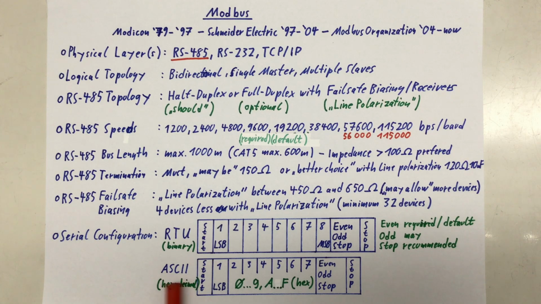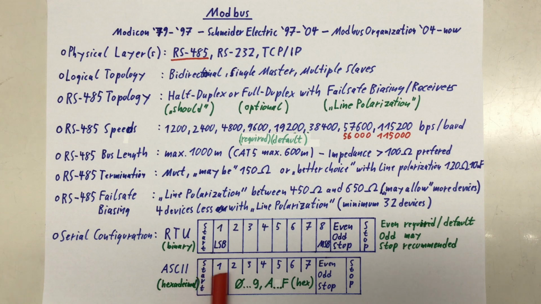In ASCII mode, we of course also start with a start bit and then we have 7 data bits. Again, first bit, least significant bit, last bit, most significant bit. And again, we have here the choice between even parity, odd parity, or a stop bit, followed by another stop bit. Regarding the parity and stop bit stuff here, the same rules apply.